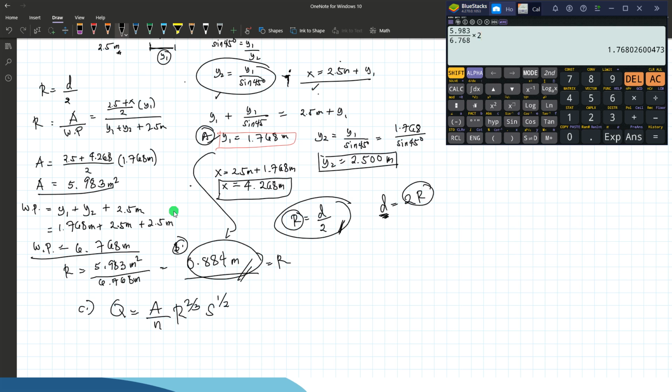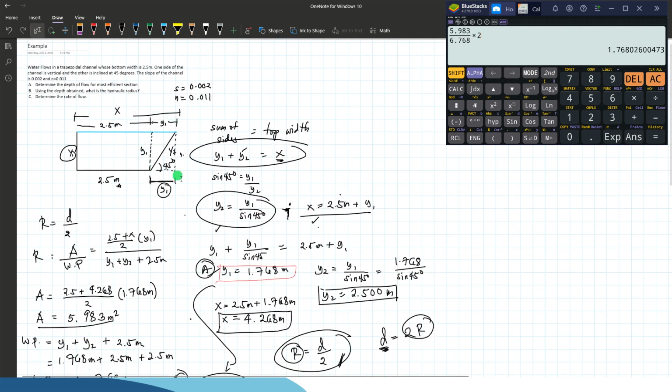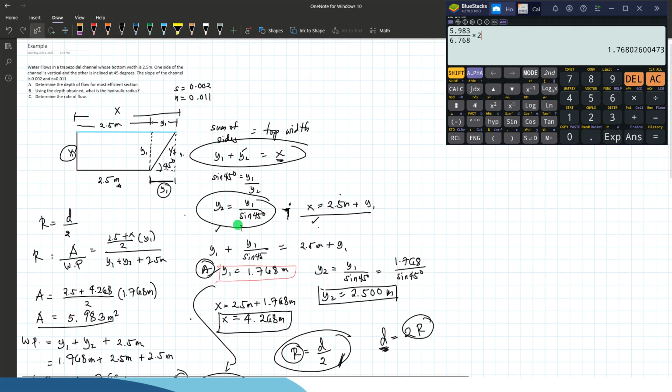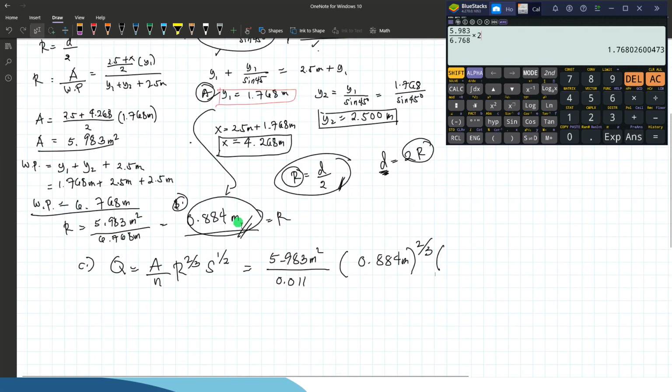Okay, so the area is 5.983 over n, and the given n is 0.011, times 0.884 raised to 2/3, times the slope given, 0.002, raised to 1/2.